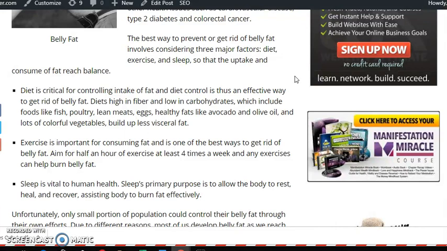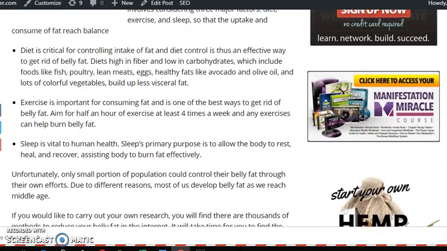Besides this, even if we take in some extra fat, there is also the possibility that we can do some exercise to consume it. So these two factors will help us keep our balance of fat and metabolism, so we don't carry too much belly fat.